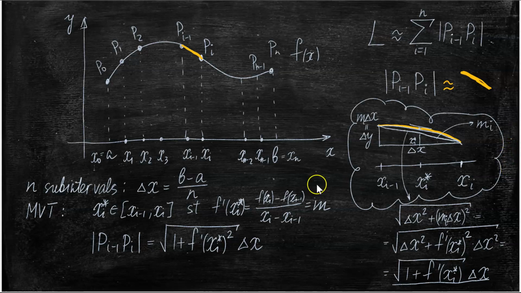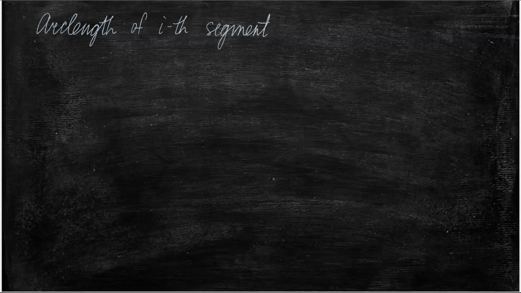And let's put it all together. We just learned the arc length of the ith segment can be expressed like this. But we have n such segments, so let's put it together.